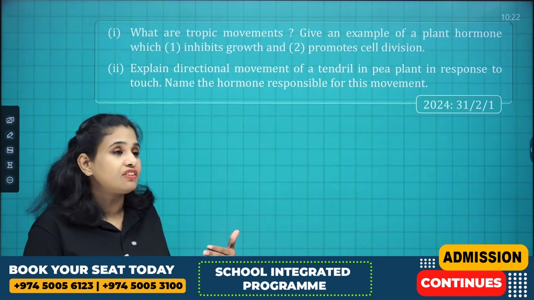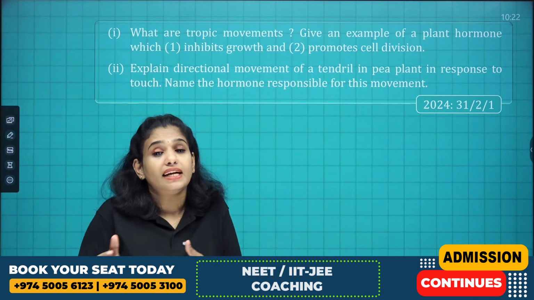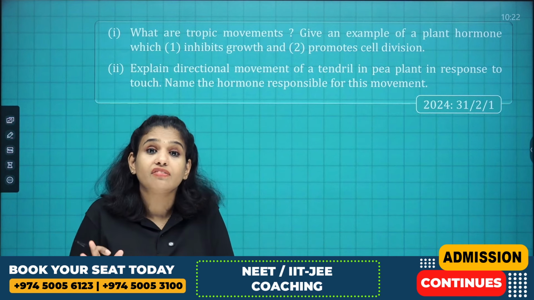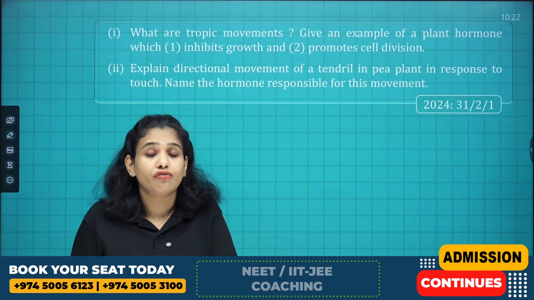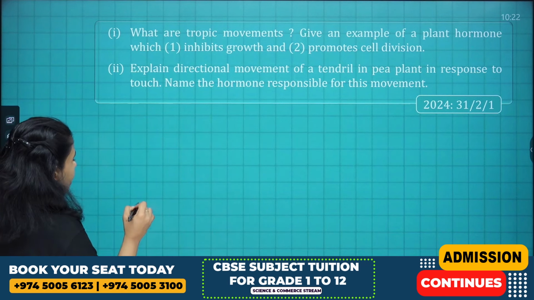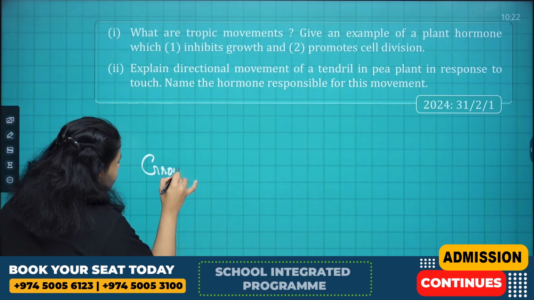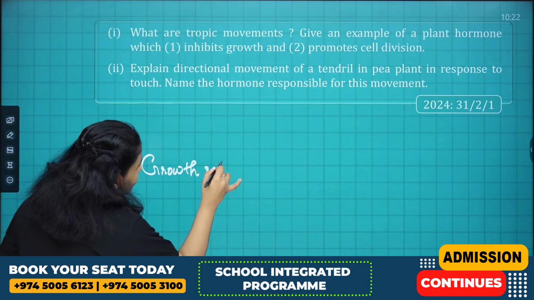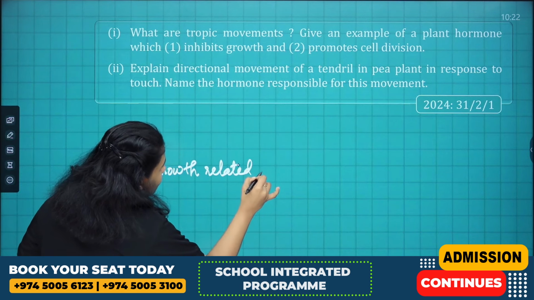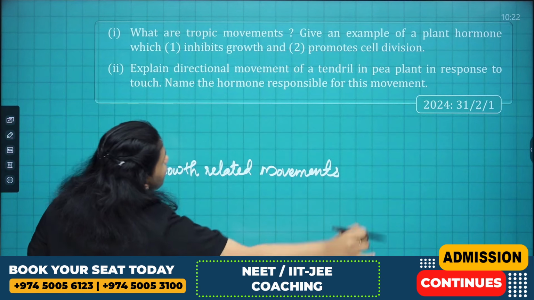One is related to growth, and the other, which is independent of growth, is called nastic movements. Tropic movements are growth-related movements.